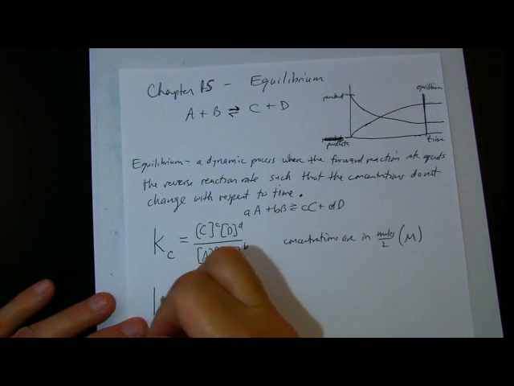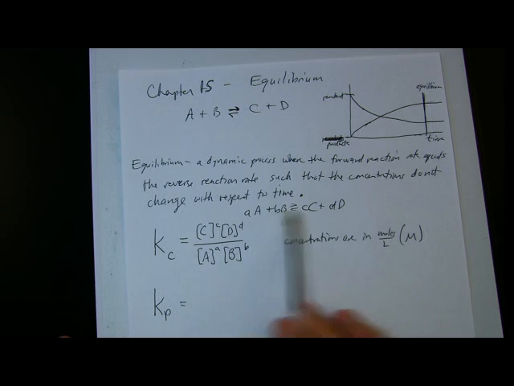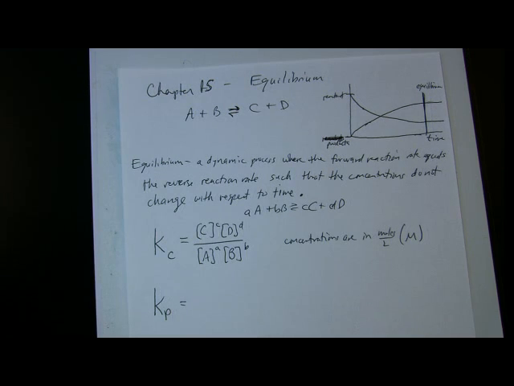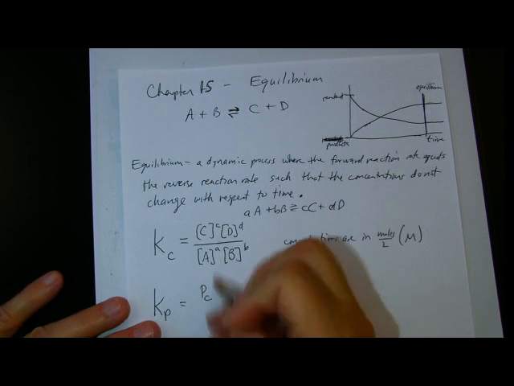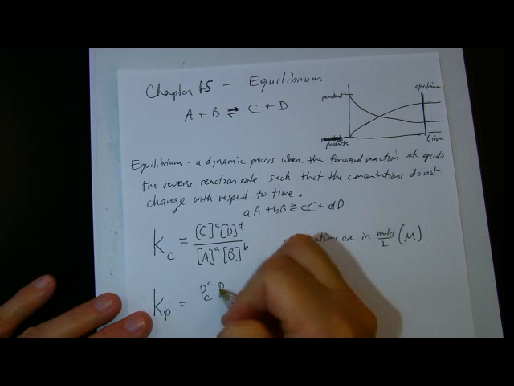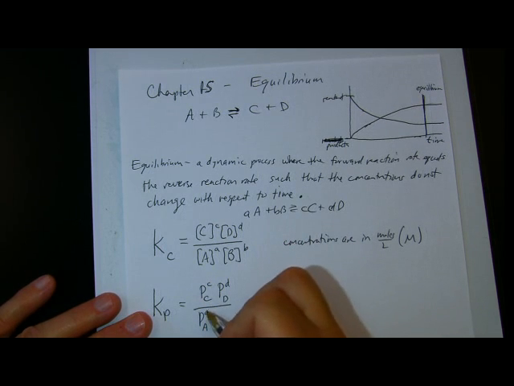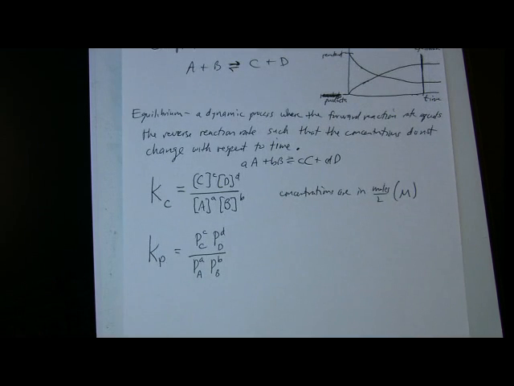We also have something called a case of P, where for any gases that are present, in other words, these don't all have to be gases, but for this case, we'll say they are all gases. Wherever there's a gas, we'd replace the concentration in moles per liter with the pressure. So it's the pressure of C raised to the C power, the pressure of D raised to the D power, divided by the pressure of A raised to the A power, and the pressure of B raised to the B power.